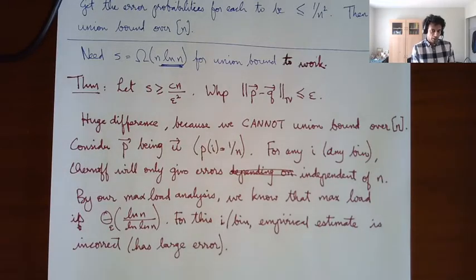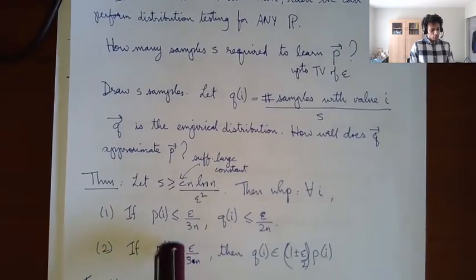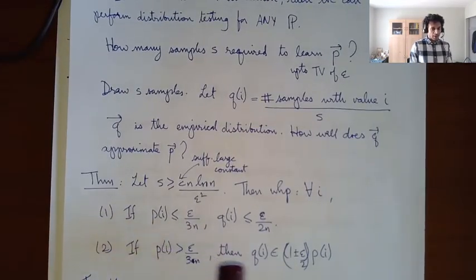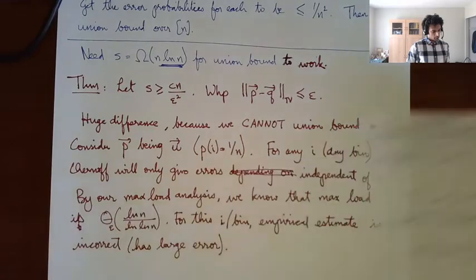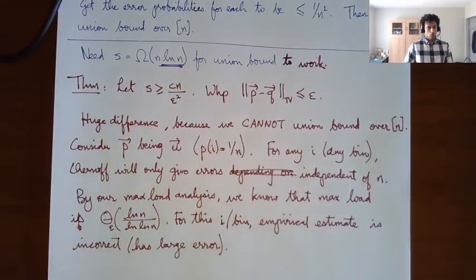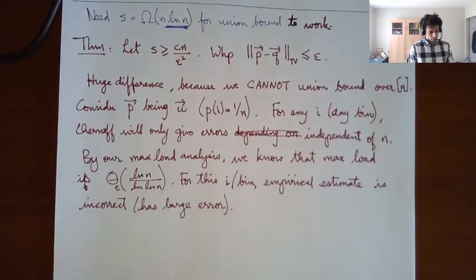That's sort of why I want to emphasize this point, which is there is a subtlety in the analysis because you cannot do the union bound. Even though you are not nailing down every single probability, you're still going to get the average to work out. Okay, any questions about this?